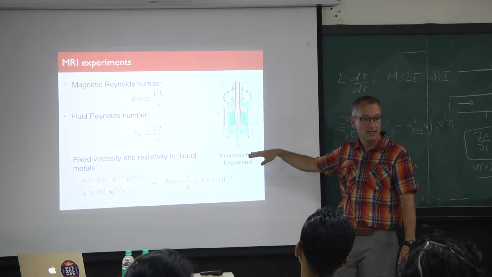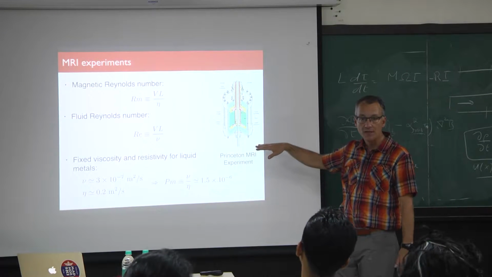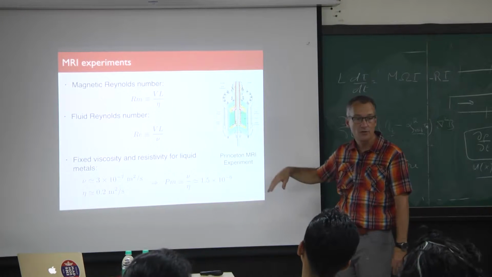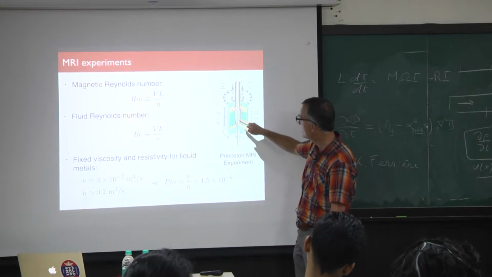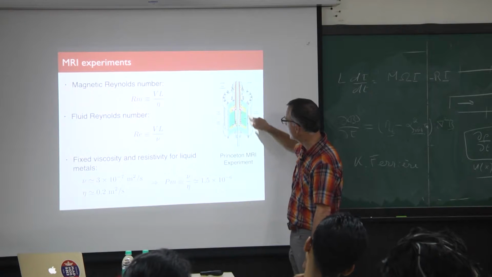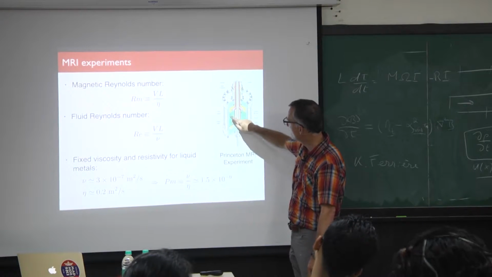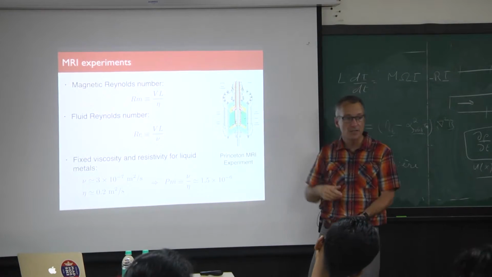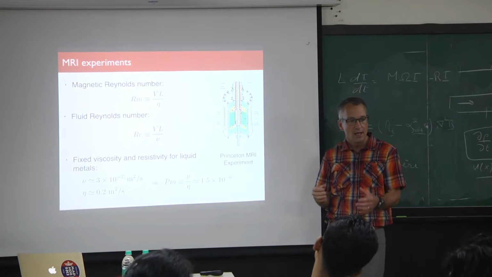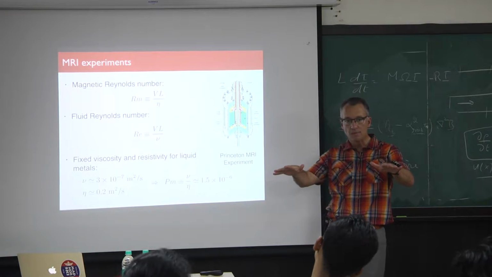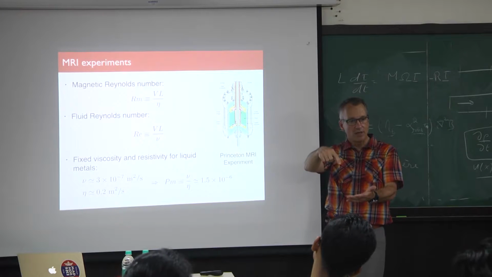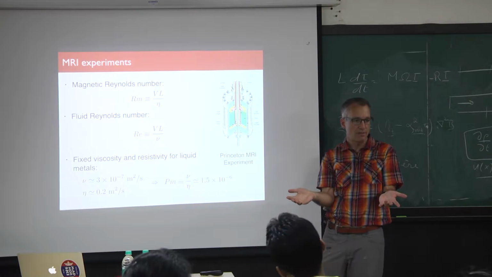There are other liquid metal experiments, one in New Mexico and others around the world. And the idea here is you have two rotating cylinders, one in the middle and one on the outside, that spin at different speeds. That's what Couette flow is. And you can set up flows which mimic the Keplerian flows you have around central objects like black holes.